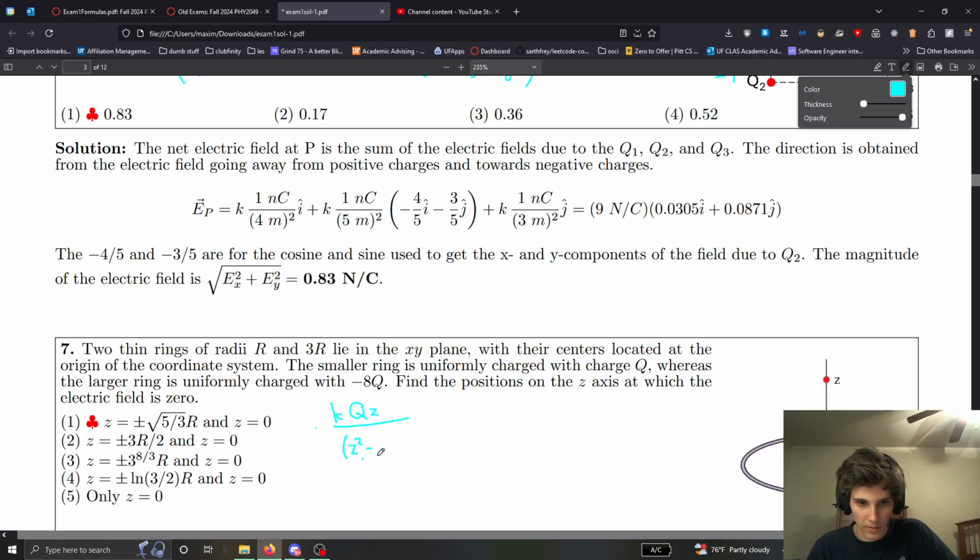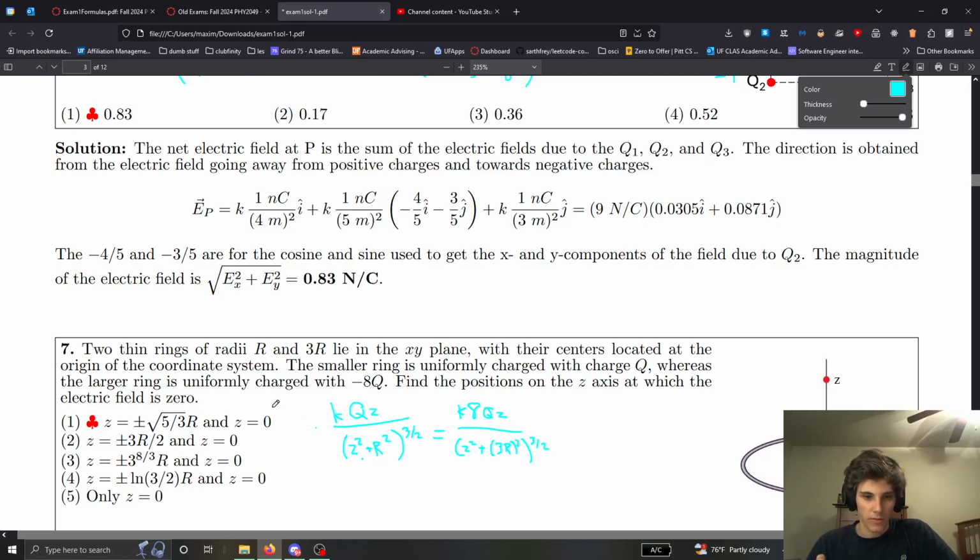This is the small ring, so we're going to use R squared to the 3/2 power, and that is going to be equal to K 8QZ over Z squared plus 3R squared to the 3/2 power.